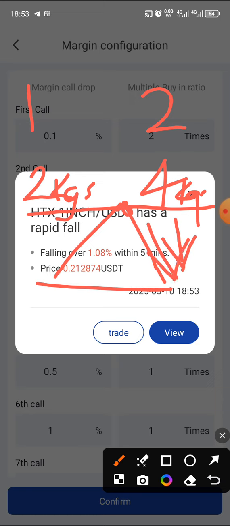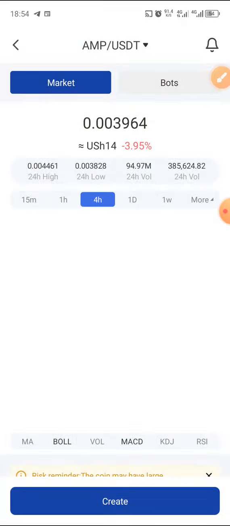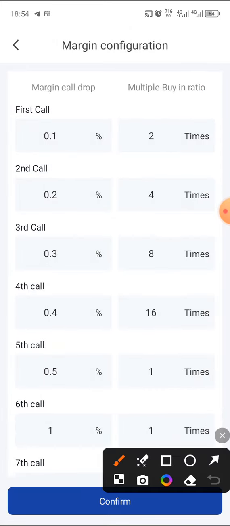So it will not be pulling out your money put in the first margin call, but it will be pulling the average price set after the buying of the first margin call. I hope that is clear. So it will be like this.